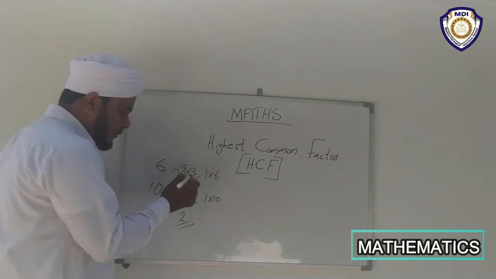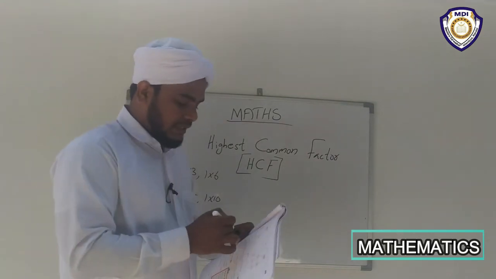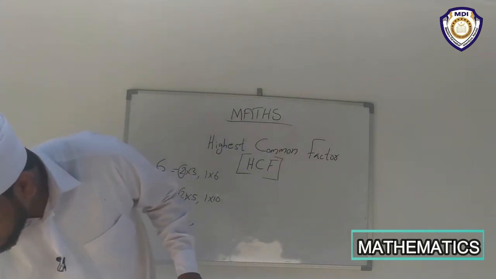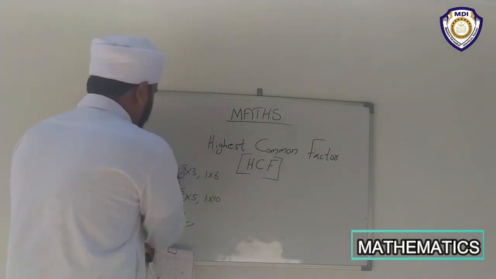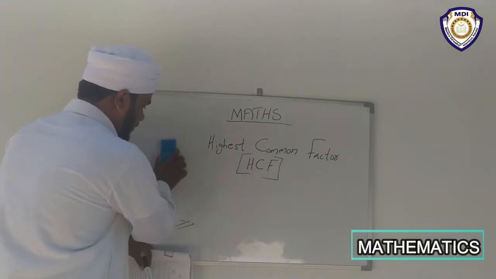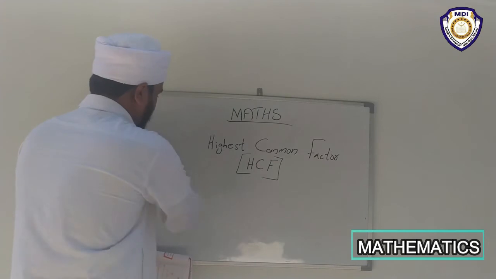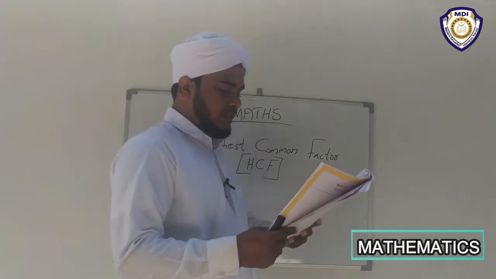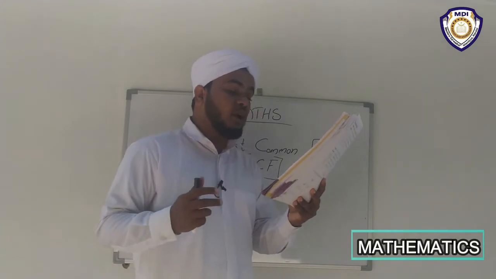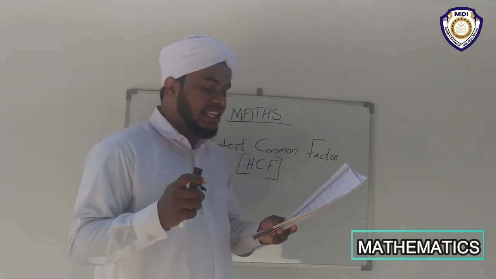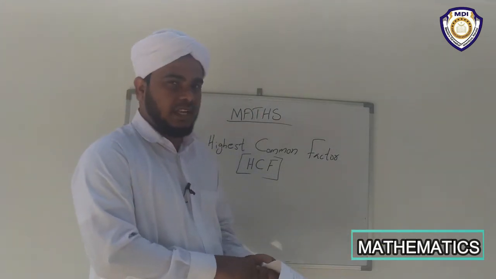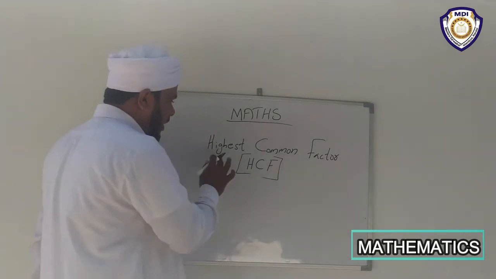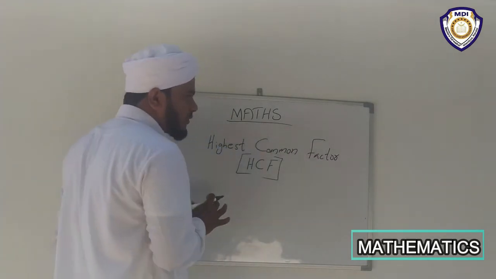Let us discuss an example from our textbook. Example 1: find the HCF of 18 and 30. We have discussed what the highest common factor is.